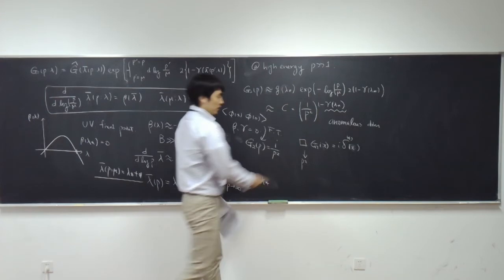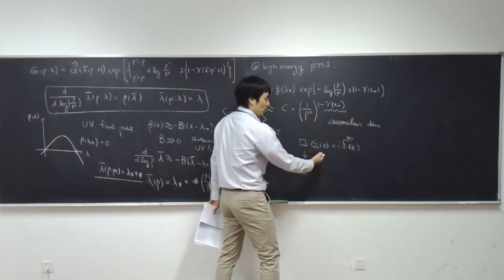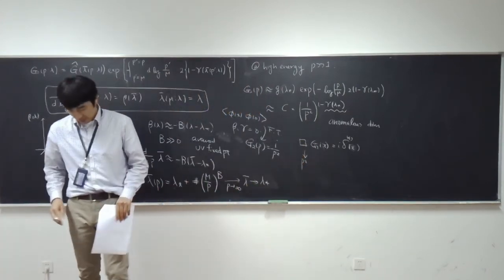So G2 is essentially the inverse of p squared. Therefore, you get the mass dimension -2.